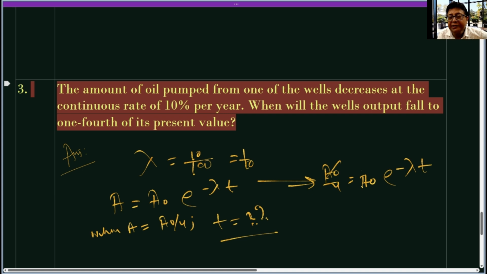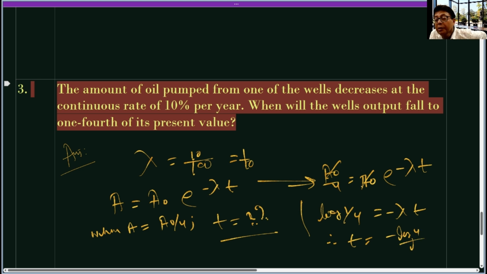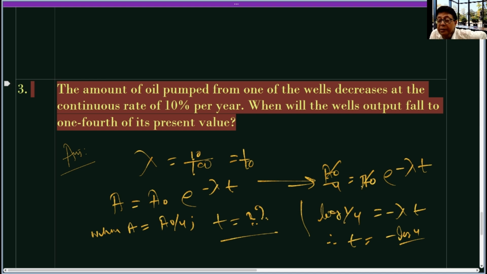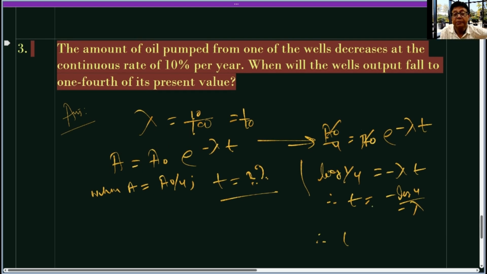Clear? A0 gets cancelled. Take log of two sides. Log 1 by 4 equals minus lambda t. So t will be what? Log 1 minus log 4. Log 1 is 0 for any base. So this is going to be minus log 4 by minus lambda. Clear? What is the value of lambda? We got 1 by 10. So it will be 10 log 4.